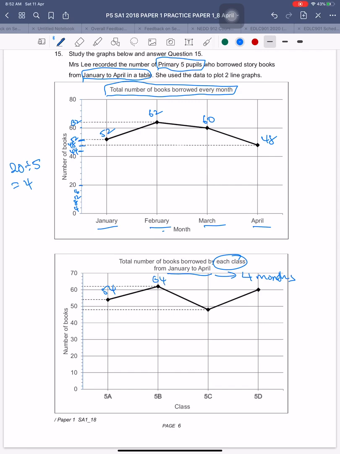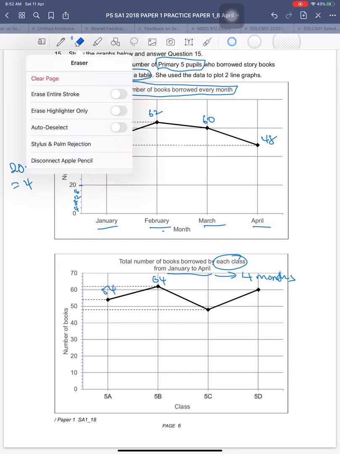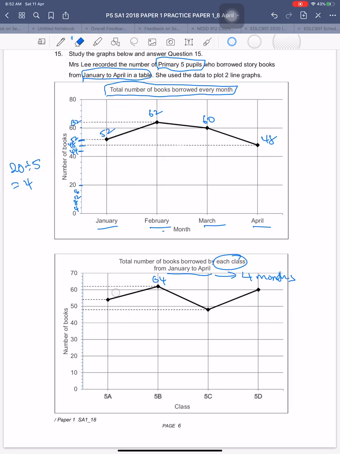Sorry, I think I made a mistake. The marking here is different now. So from here, 50 to 60 is only 10, and there are 5 markings there, so it's 2. So each marking is 2.